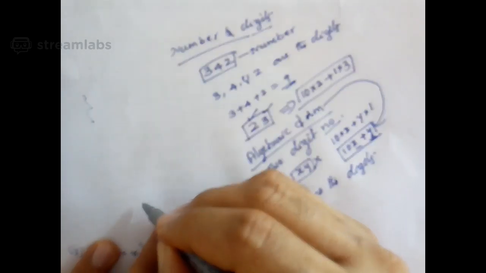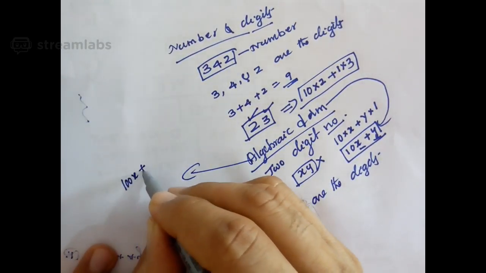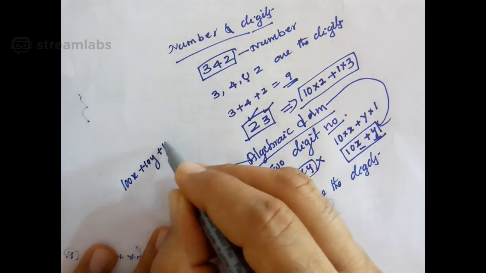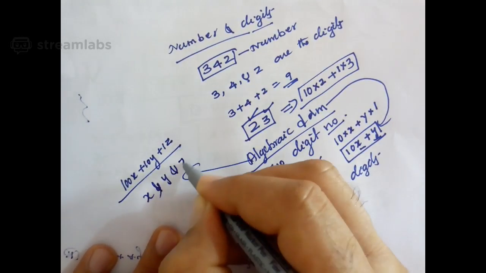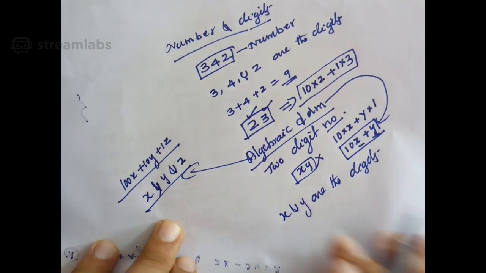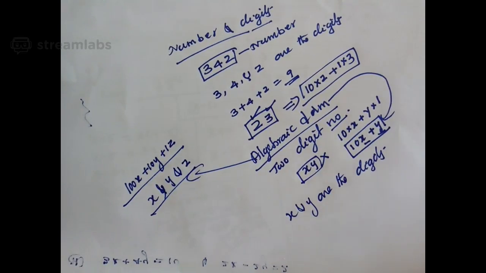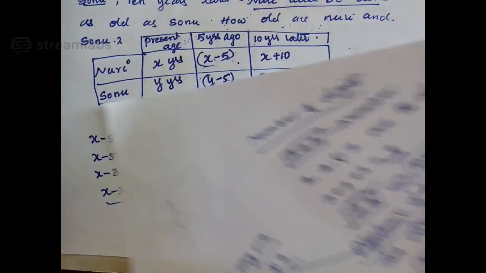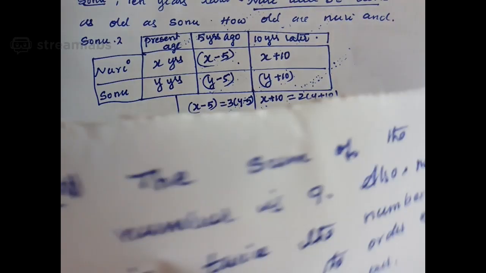Then how to write a three-digit number in algebraic form? That is 100x plus 10y plus 1z, where x, y and z are the digits of the three-digit number. So this is the difference between number and digit. Digits form numbers. Using this concept, let us solve this problem.